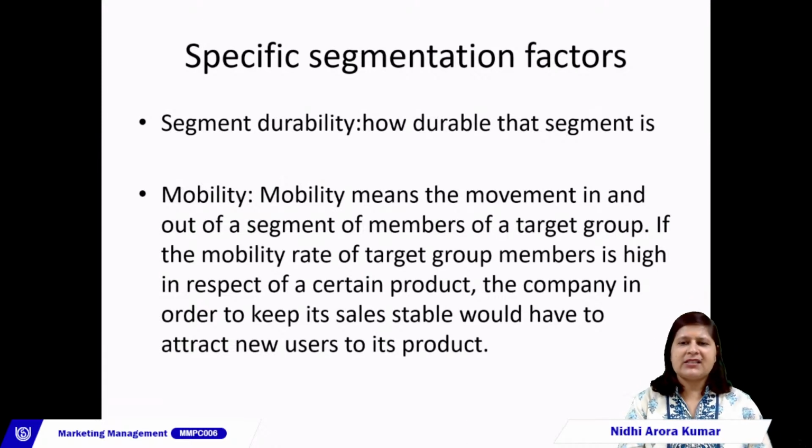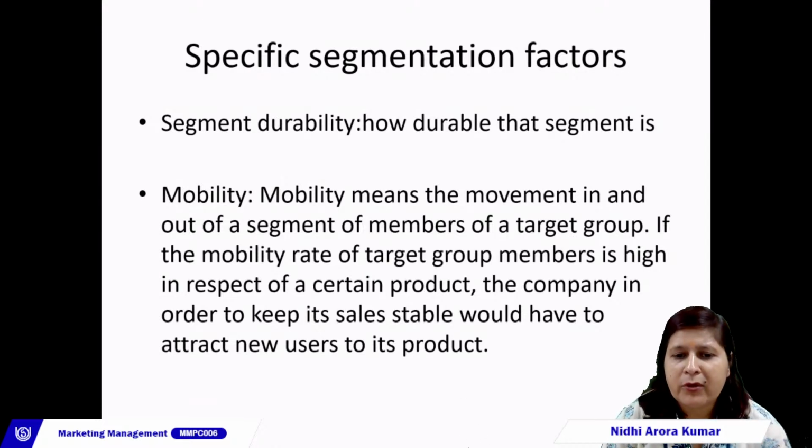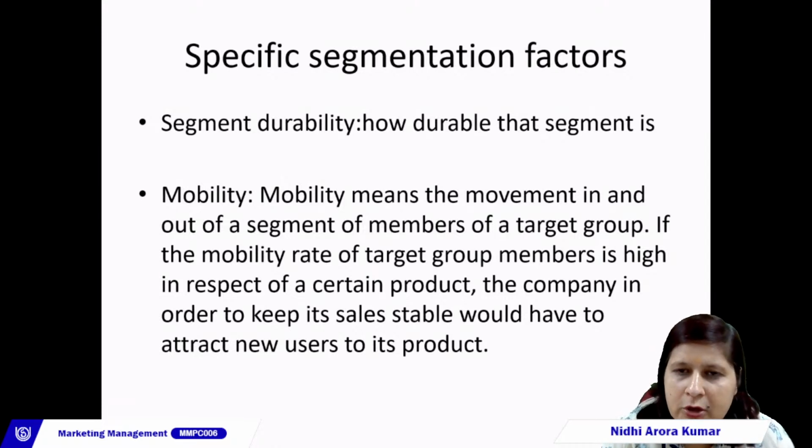Now, the specific segmentation factors. You should be aware of the durability, how durable the segment is. Next is mobility, meaning movement in and out of a segment by members of a target group. If the mobility of a target group member is high with respect to a certain product, the company, in order to keep sales stable, would have to attract new users to its product.